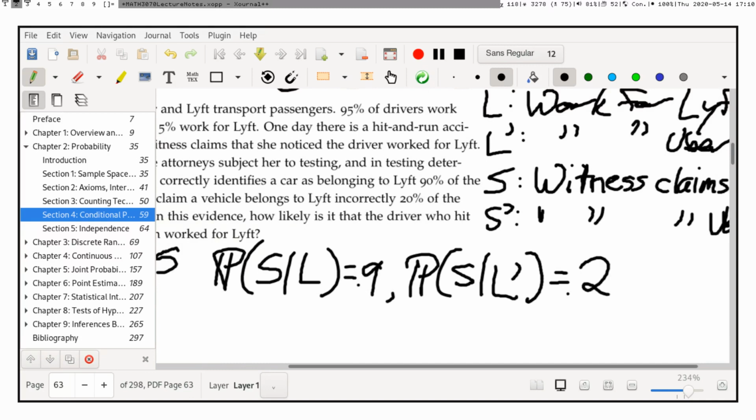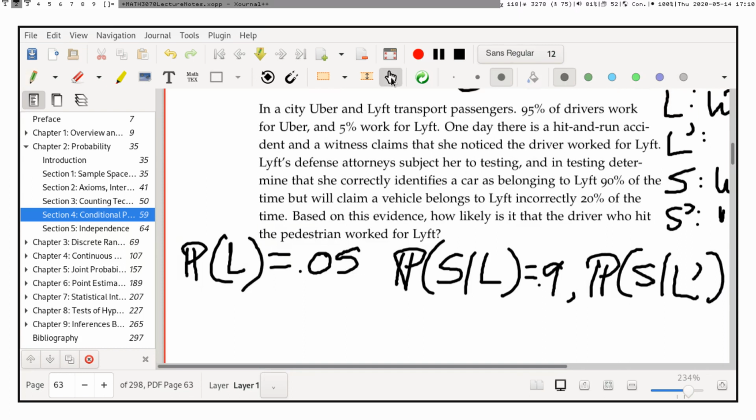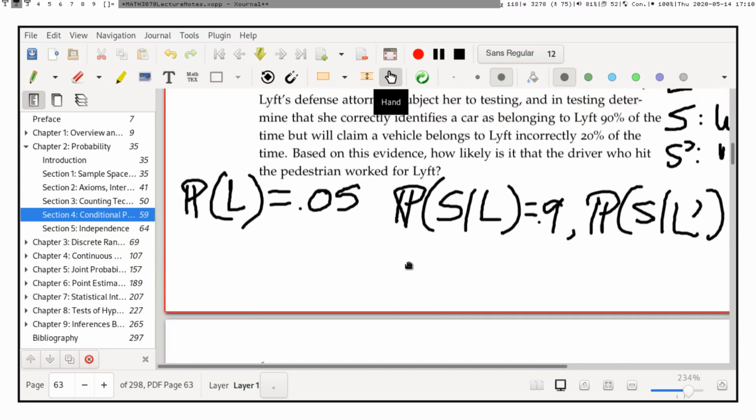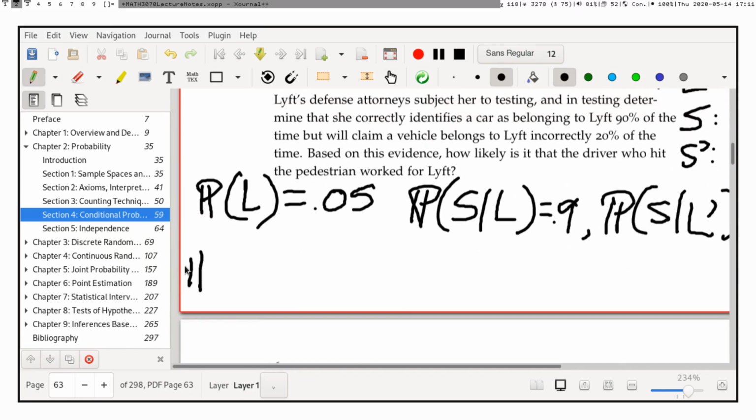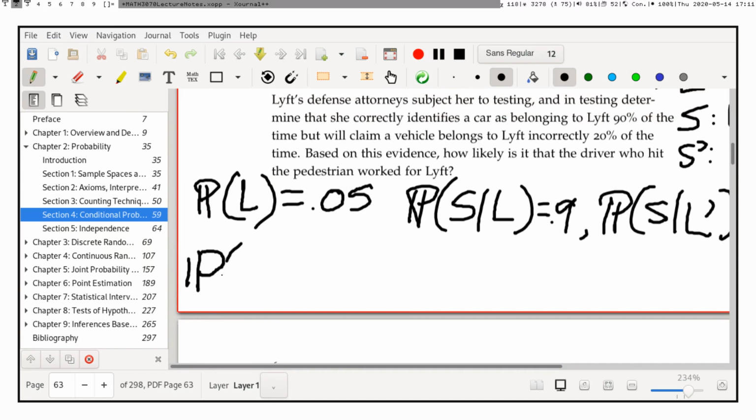All right, we now have all the information we need to apply Bayes' theorem, because what we actually want to know is what is the probability that the car was a Lyft car, given that the witness says that the car was a Lyft car. So we know that the probability of the Lyft car, indifferent to what the witness says, is 0.05.